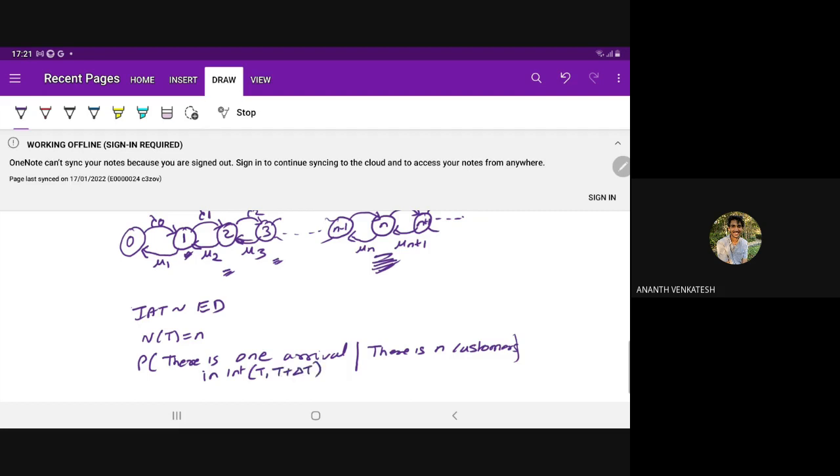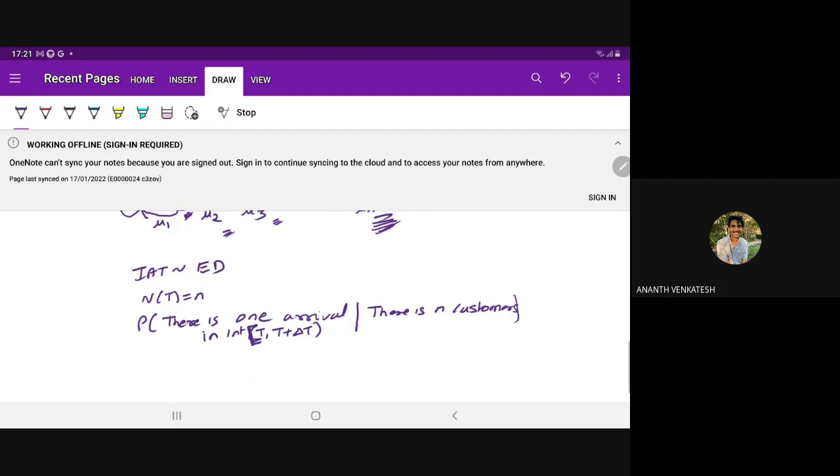That you have to determine. So from the previous theory, what will be the answer?